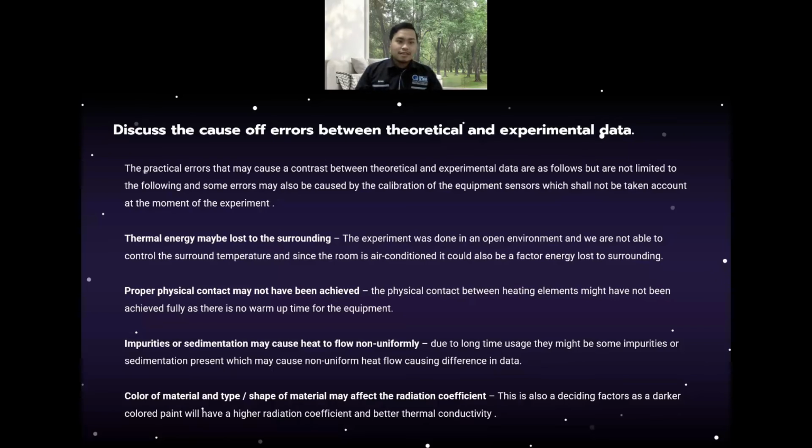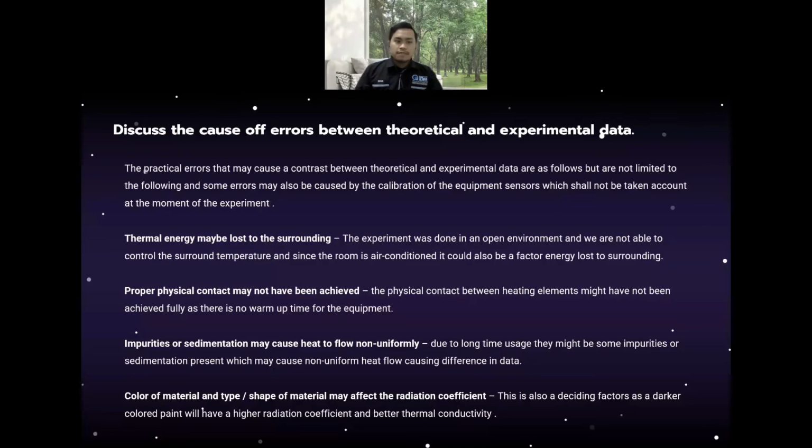First, thermal energy may be lost to the surroundings. The experiment was done in an open environment, and we were not able to control the surrounding temperature. And since the room is air conditioned, it could be a factor in energy loss to the surroundings.